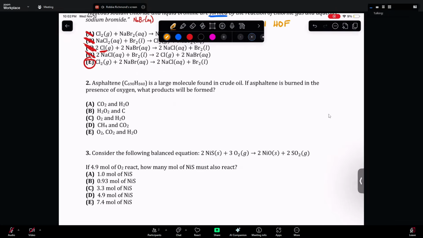Okay, question number 2. Asphaltene is a large molecule found in crude oil. If asphaltene is burned in the presence of oxygen, what are the products? So I see a hydrocarbon. I see that it reacts with oxygen. Immediately, bells should be ringing. This is going to be a combustion reaction. And any combustion reaction always forms carbon dioxide and water. Water specifically in a gaseous form because combustion reactions are very hot.